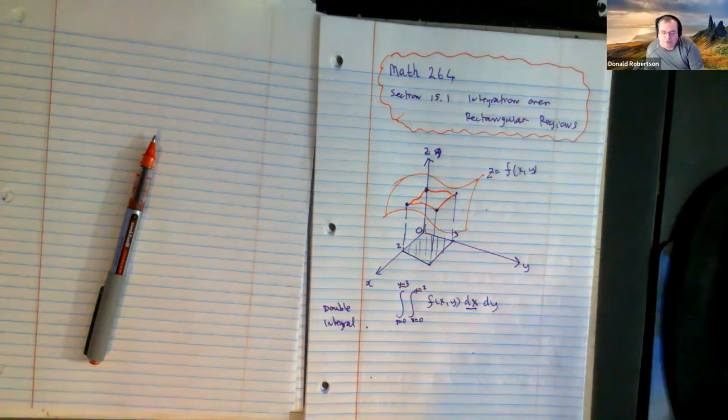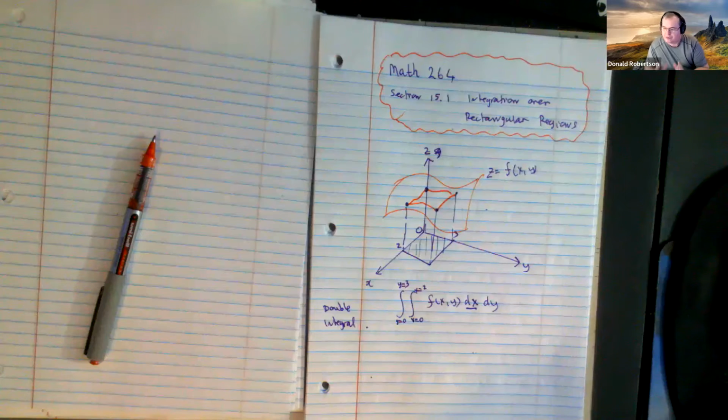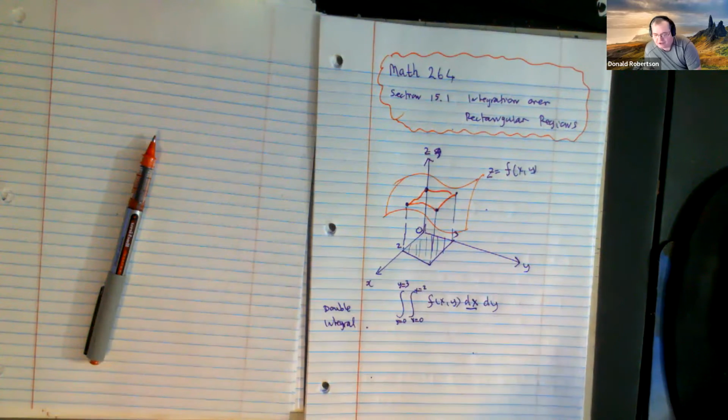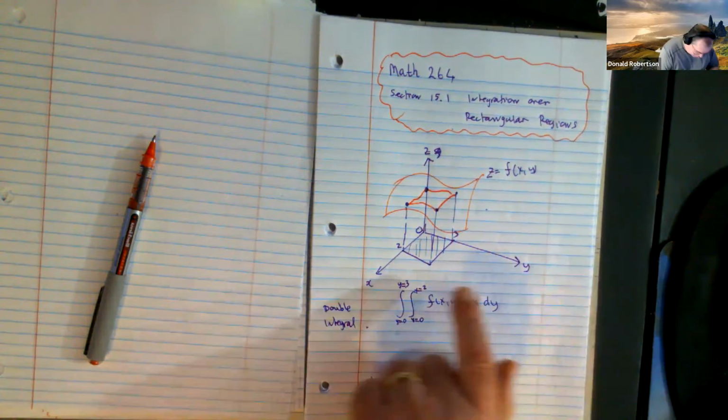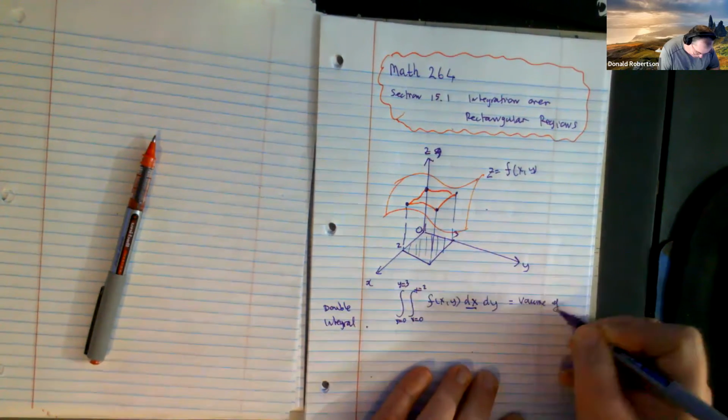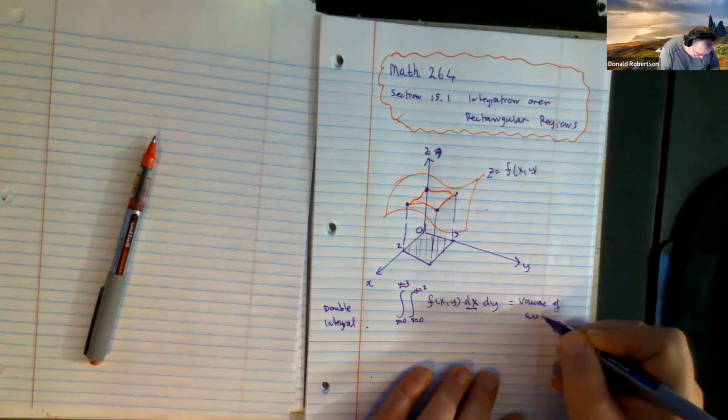In Calc 2, wouldn't the integral be called the area under the curve, right? It would be a physical two-dimensional area. This shape that I've tried to draw very badly here is a solid in 3D. So when you do this double integral, you're getting the volume of that solid.